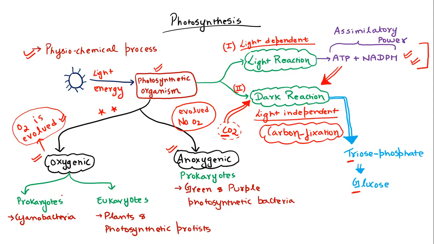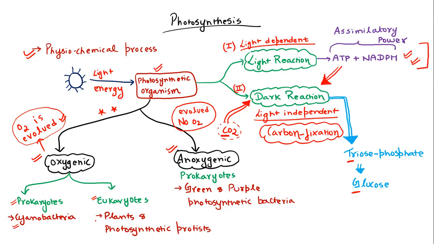Now, the oxygenic photosynthetic organisms have been dispersed across the prokaryotic system as well as the eukaryotic system, meaning we have examples of prokaryotic oxygenic organisms as well as eukaryotic oxygenic organisms. In the prokaryotic system, you have to remember the example of cyanobacteria, which can be a direct question.